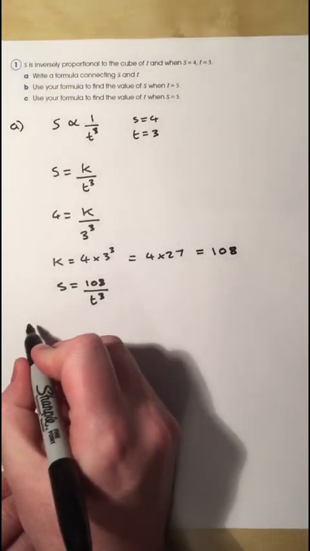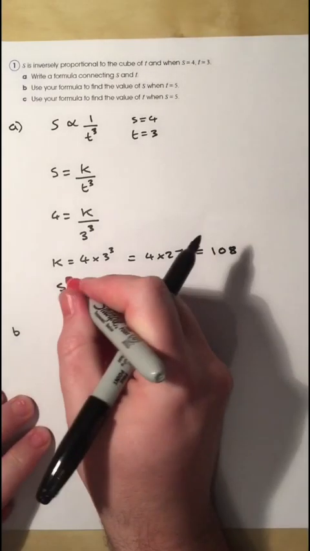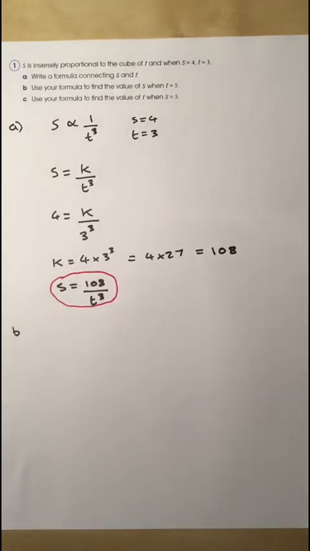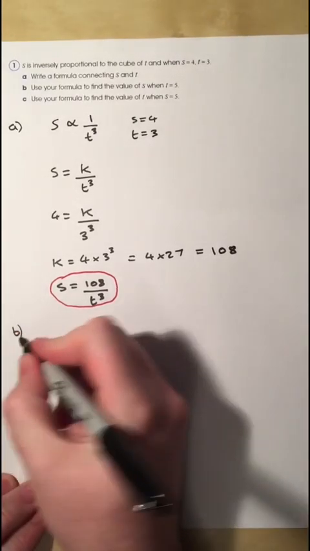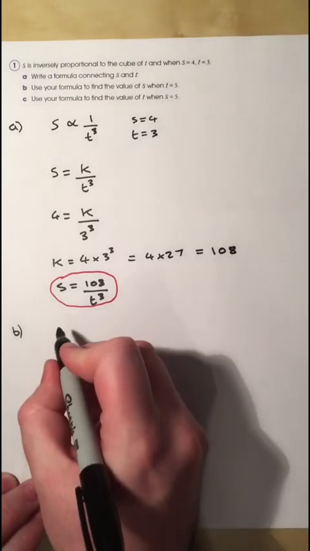For part B, we use this equation we've got here, to answer the next two parts. So part B says use the formula to find the value of S when t equals 5.